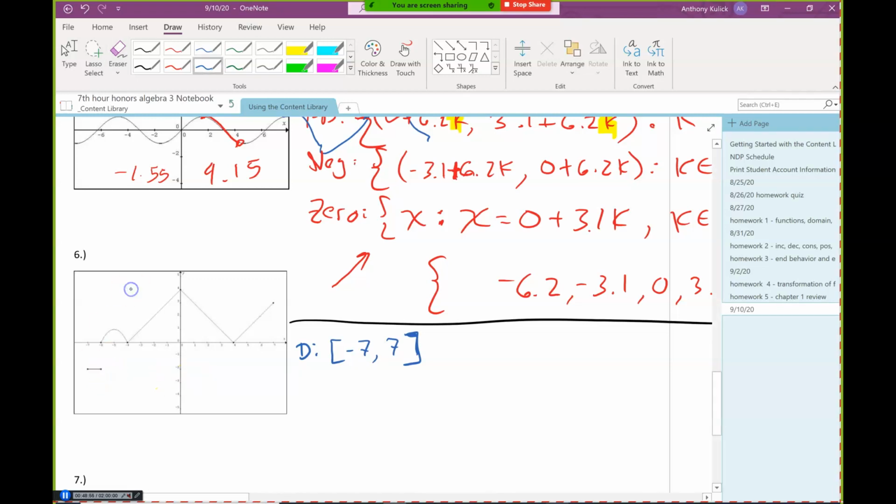Okay. Let's do the range. So for the range, we have this part, which has the y value -2. That part all has the y value -2, correct? But then we have a bunch of missing y values, and we go from 0 to 4.